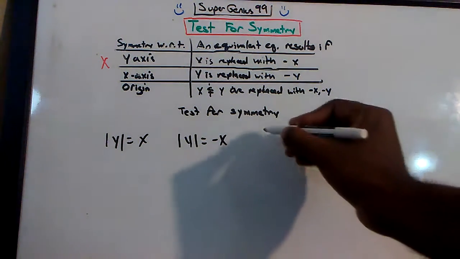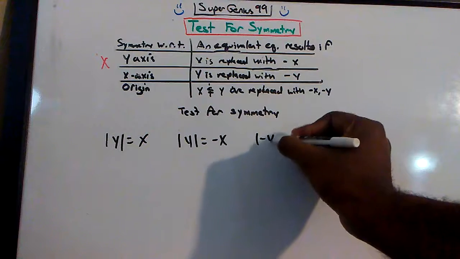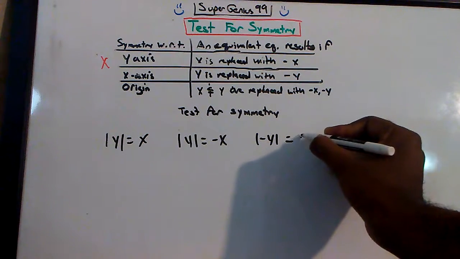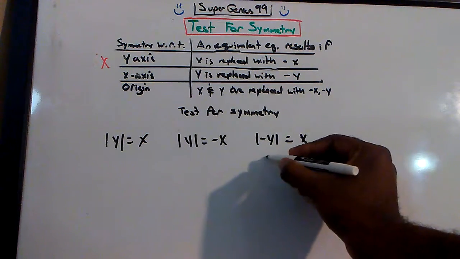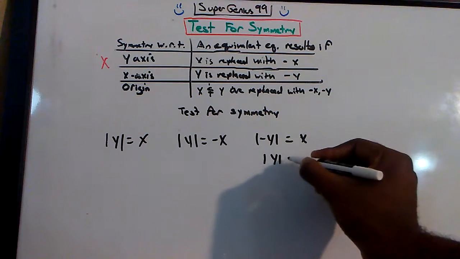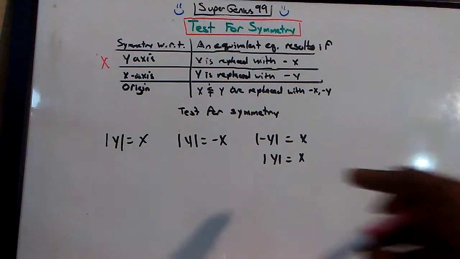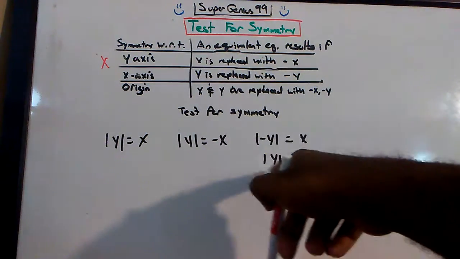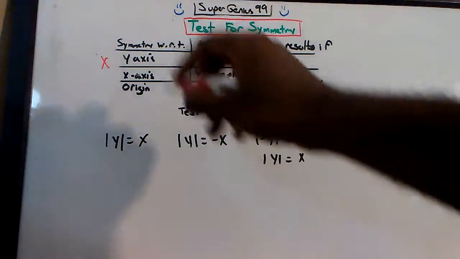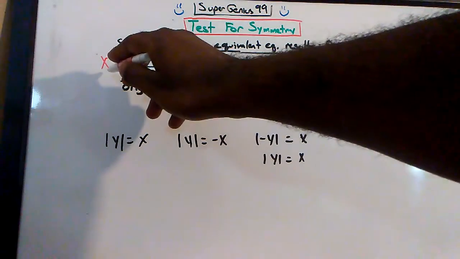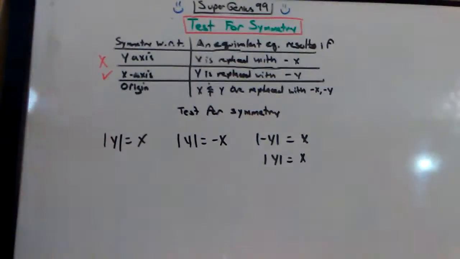Let's try the x-axis. Replace the y with the negative y. Simplify that, what do you get? And is that the same as the original? Yes, because when you have absolute value, it's always that number, so that is true.